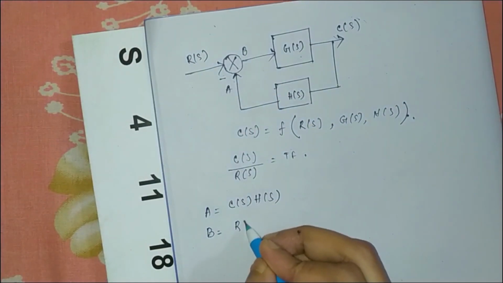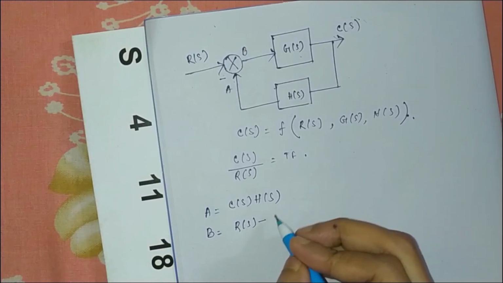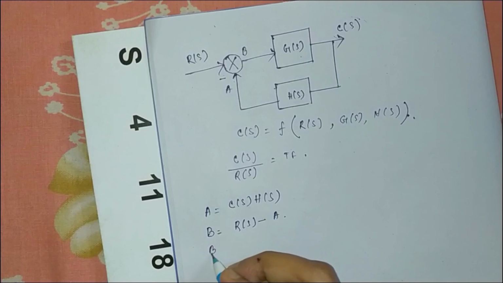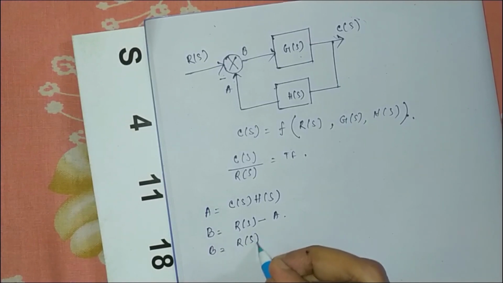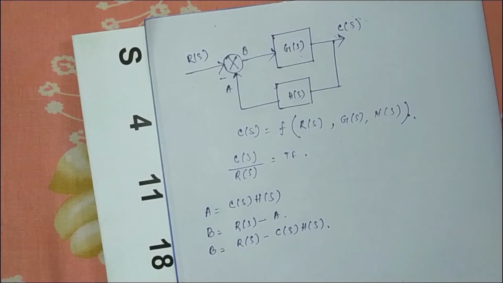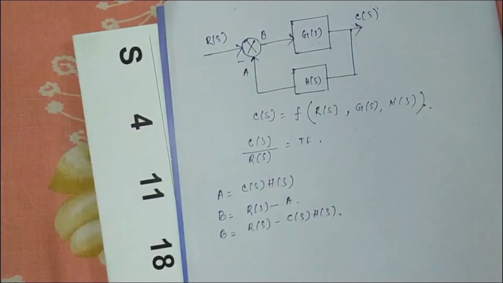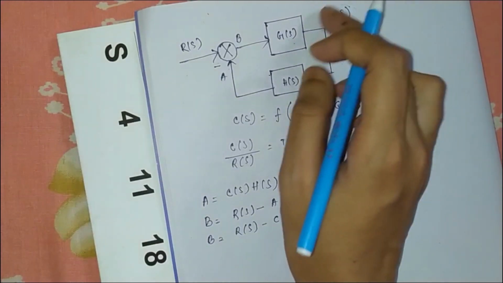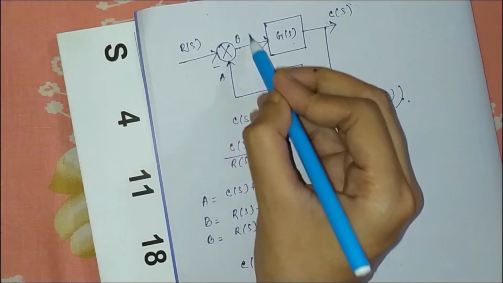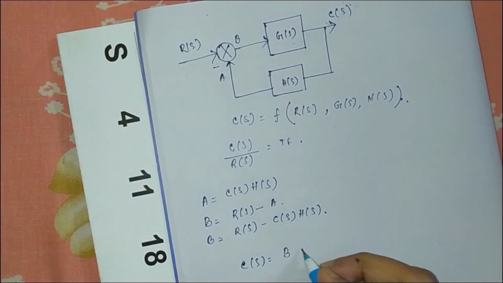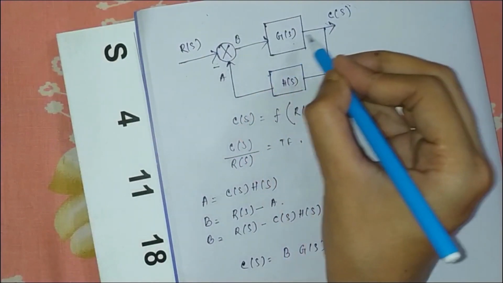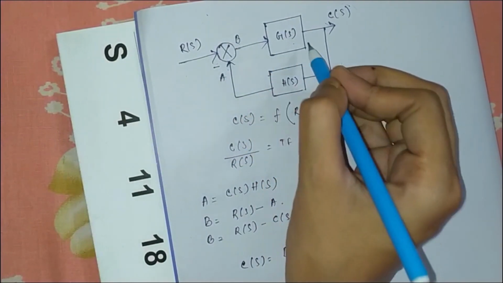And my A is C of S into H of S. Now what is my C of S? My C of S is equal to B into G of S. Here this is B and this is G of S. So total C of S is B into G of S.